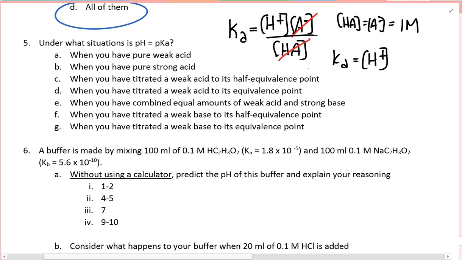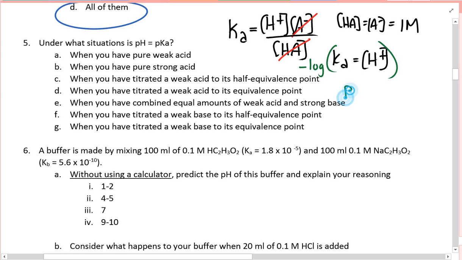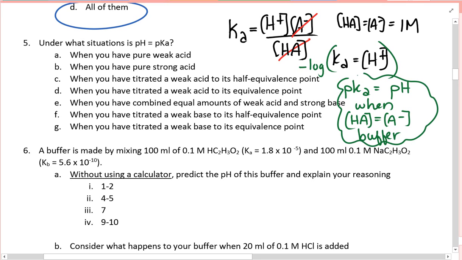If you take the negative log of both sides, you get pKa equals pH. So this is only true when you have equal amounts of HA and A minus. And when you have that, you have a specific kind of buffer. So this happens with buffers.